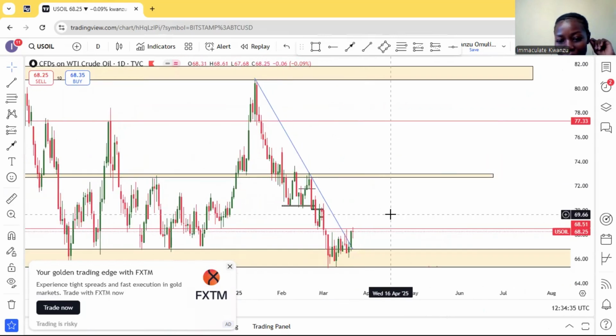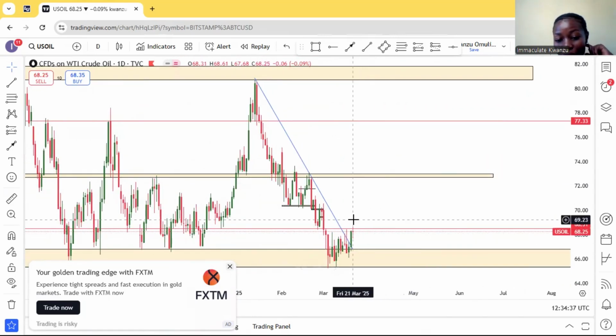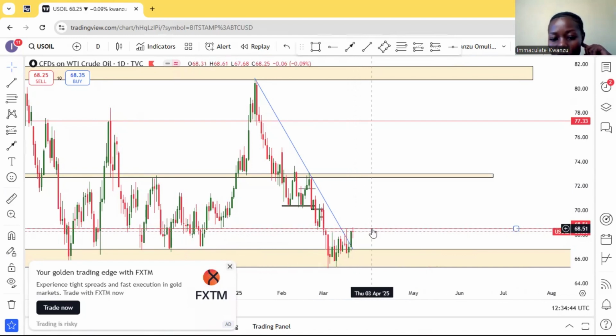And it's currently acting like a very strong resistance level for oil at the moment. So on the break and retest of this level, I'll be looking for bullish opportunities, first level target the 70.20 area or the 70.0 area. However, we can get rejected by this level and flow all the way down.